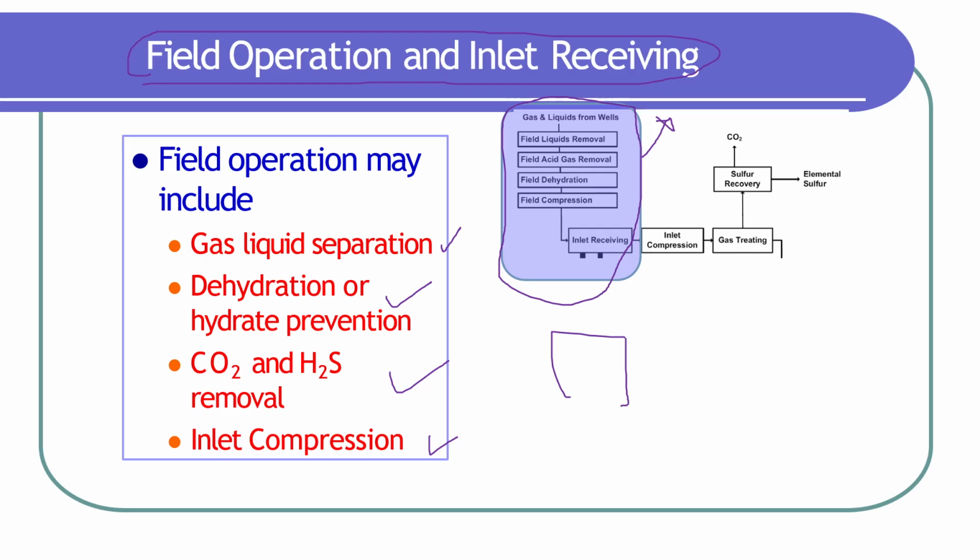Here is my gas field, for example, and I'm doing most of this processing on site in the gas field, which means that I can remove part of the water, I can remove liquid, I can remove the gases, and I can do what we call the compression on site in the field itself.